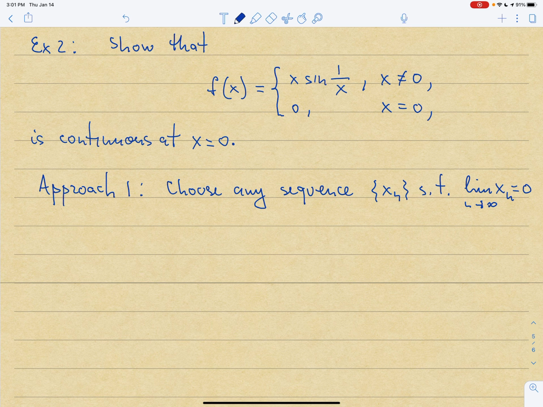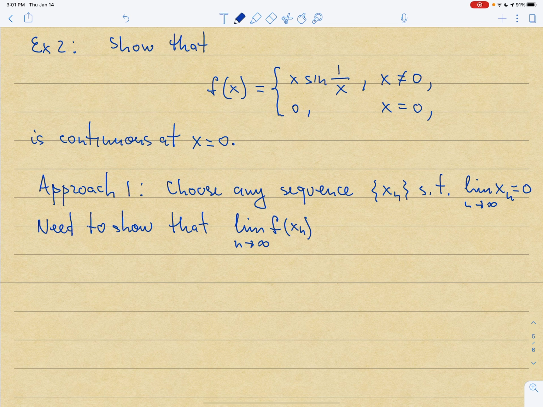All right, so we need to show, like I said, that the limit as n goes to infinity of f of xn is equal to f of x0, which is, in this case, f of 0. And f of 0 itself, of course, is 0 because that's how I defined my function at 0.